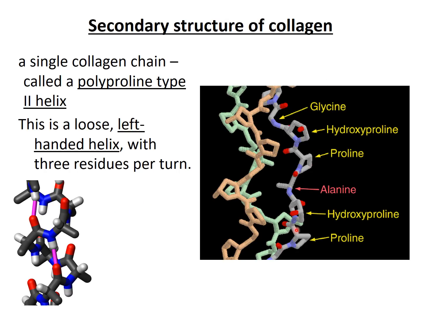So when these particular polyproline type 2 helices are built, the three of them need to get together. And this is an indication of what I told before about the importance of glycine. This is an example that glycine should be in every third residue, every third amino acid in the polypeptide chain.